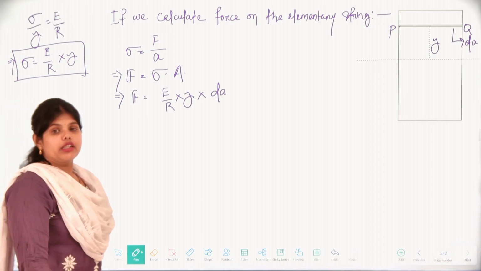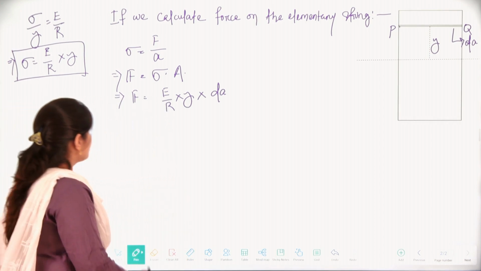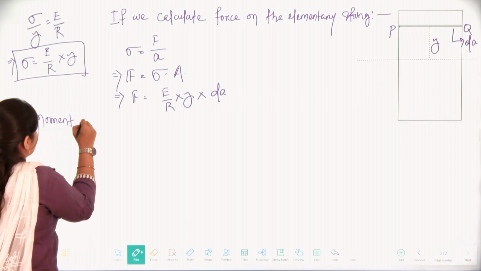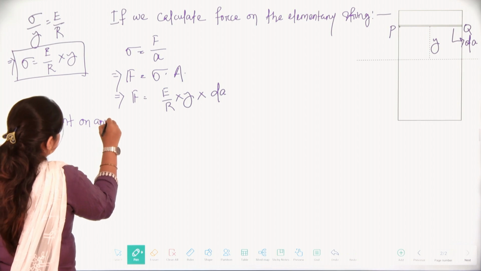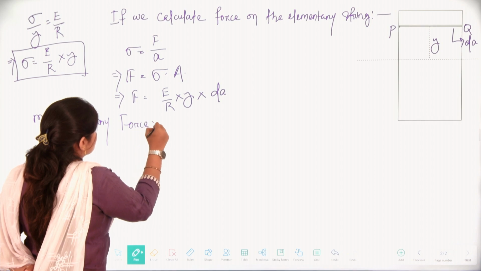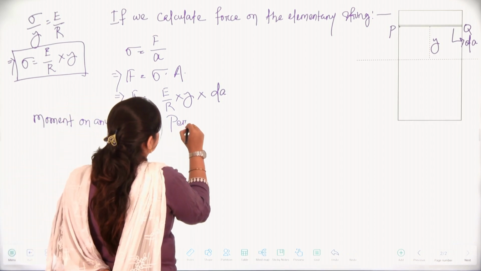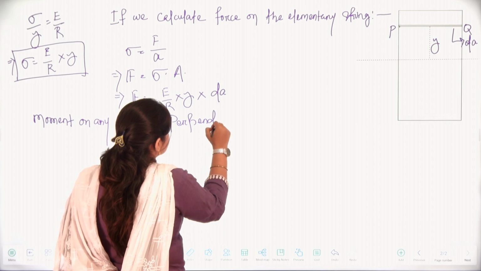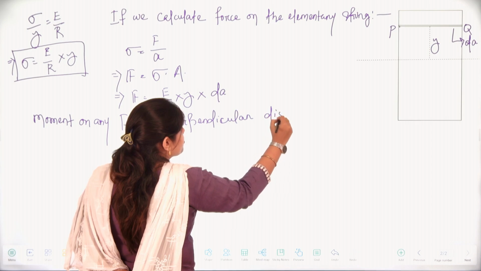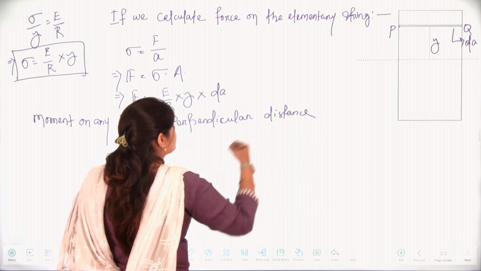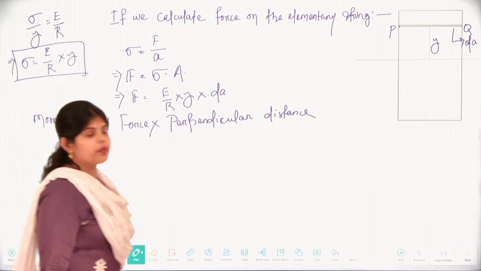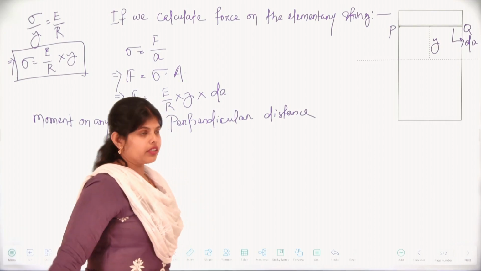Now if we calculate the moment, we know that the moment on any strip equals force into perpendicular distance. The force is as above and the perpendicular distance is nothing but y.